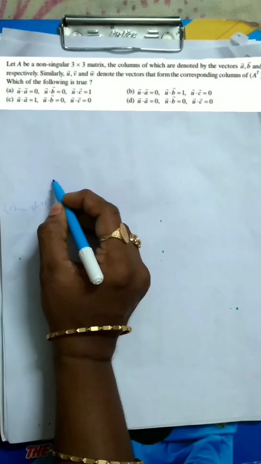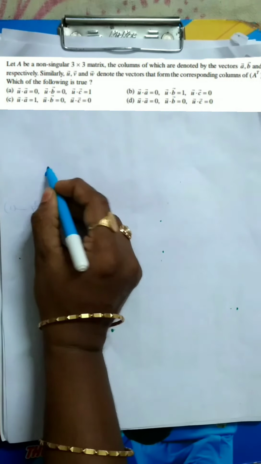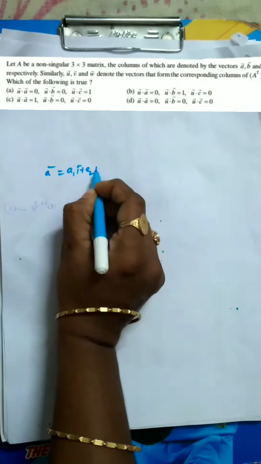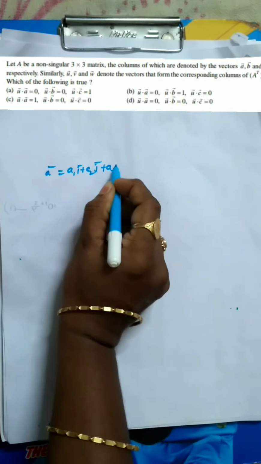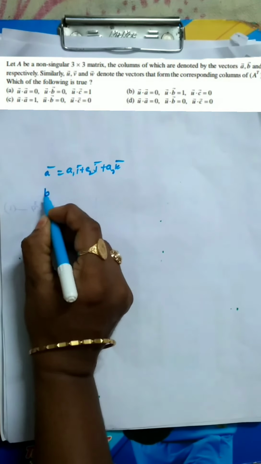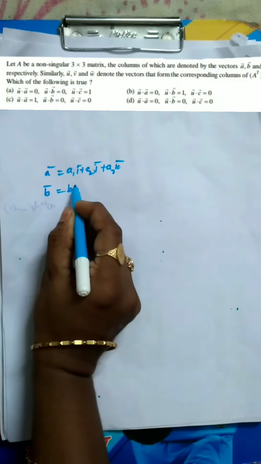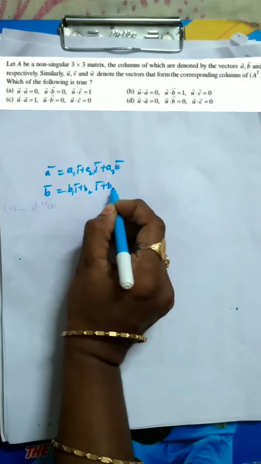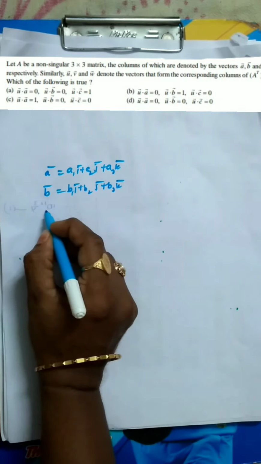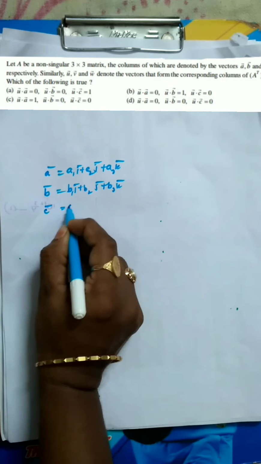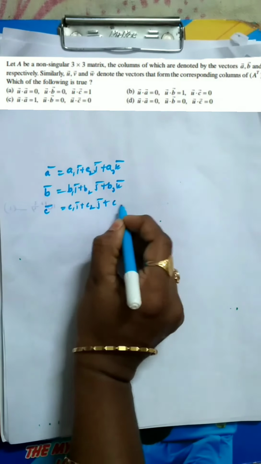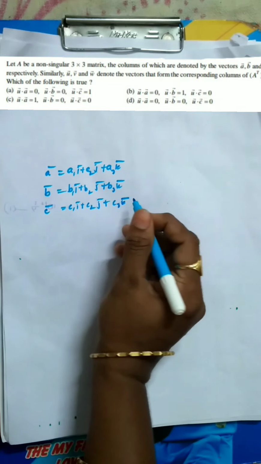We assume that the vector a bar is equal to a1 i bar plus a2 j bar plus a3 k bar, and vector b bar is equal to b1 i bar plus b2 j bar plus b3 k bar. Vector c bar is equal to c1 i bar plus c2 j bar plus c3 k bar.